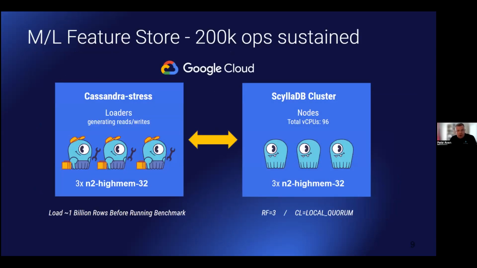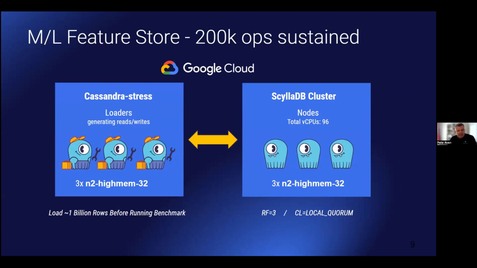So we're starting with 200,000 ops sustained, right? ScyllaDB, you should know, is 100% compatible, completely compatible with Cassandra. So if you have Cassandra developers or you're familiar with the Cassandra ecosystem, all those tools that work with Cassandra will work with Scylla. One of those tools is Cassandra Stress. It's a benchmarking application that allows you to stress test Cassandra and Scylla clusters.